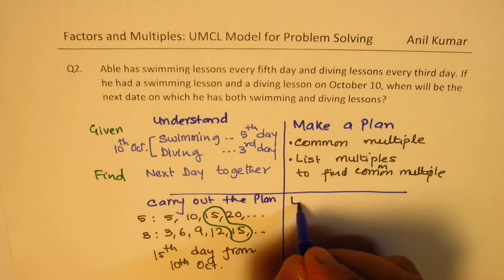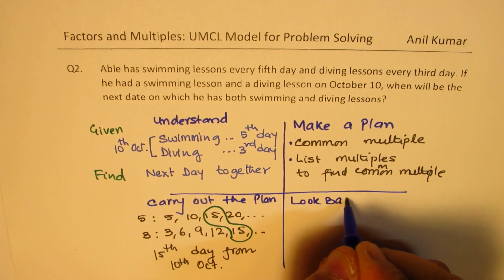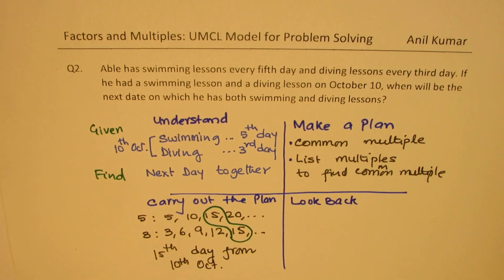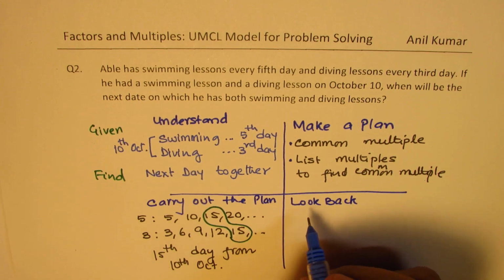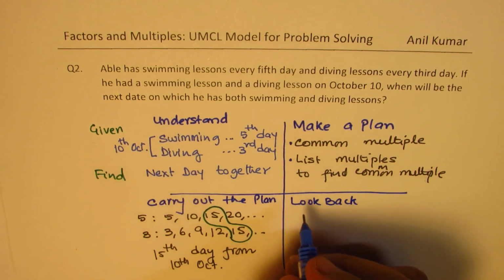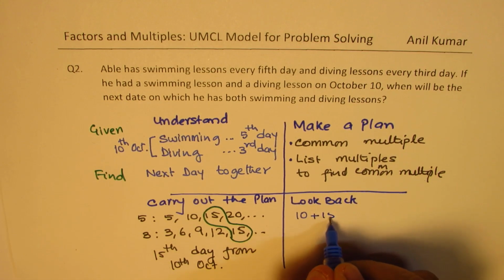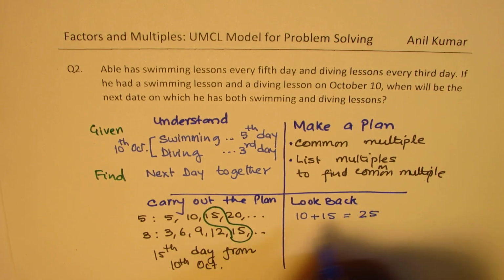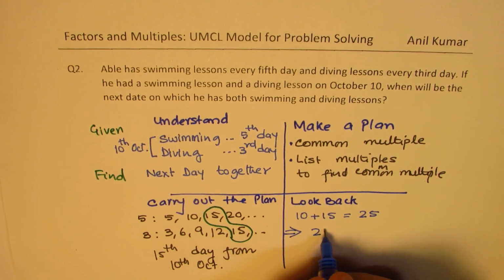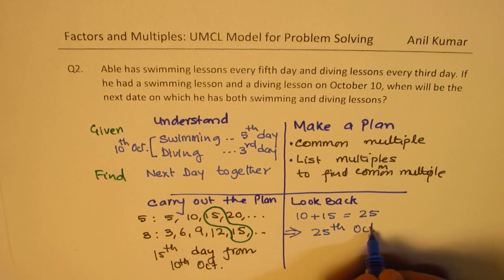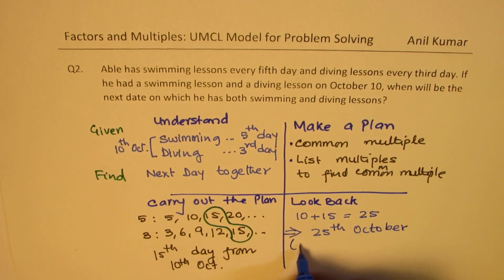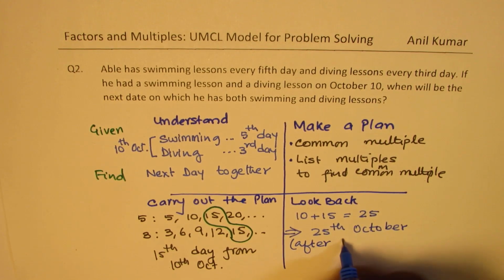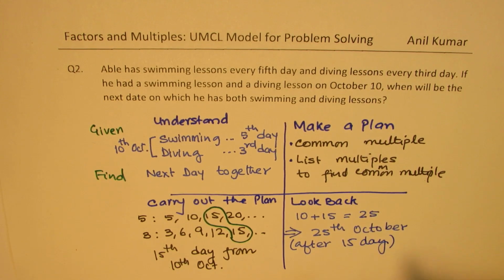Now let's look back. L stands for look back. So what can we conclude from here? We can conclude that it is the 15th day after 10th of October. So that means we have to add 15 to 10, right? So when you add 10 and 15, you get 25, right? So that means that it is 25th October, after 15 days, right?